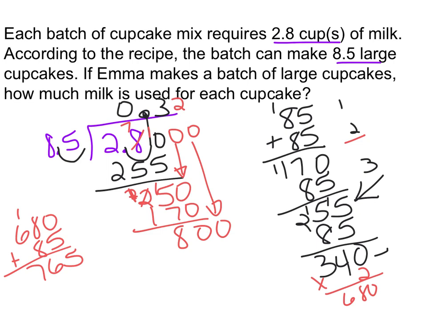So if it's times 2, that's 1, 2, 3, 4, that's 8, so that's 9. So 9 times 765. So I'm going to regroup. So 10 minus 5 is 5, 9 minus 6 is 3, and 7 minus 7 is 0. So that's going to be my answer.